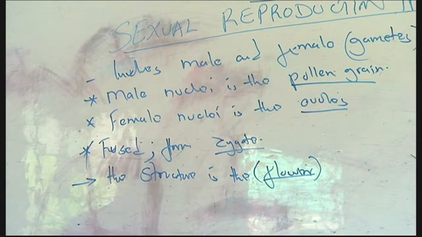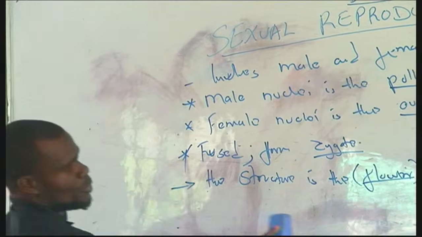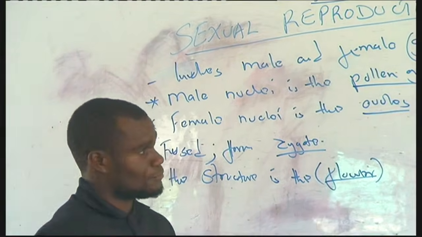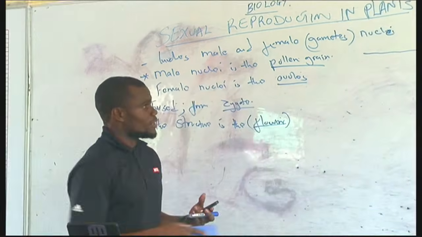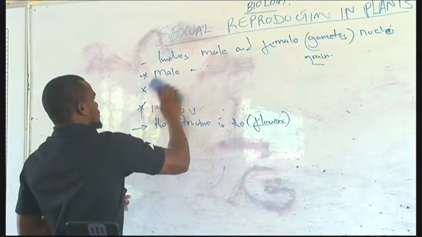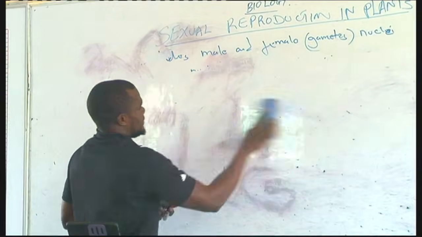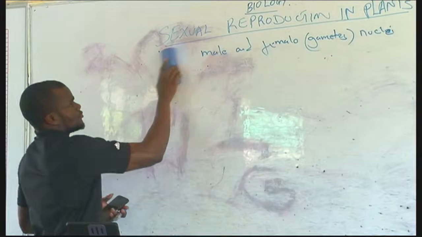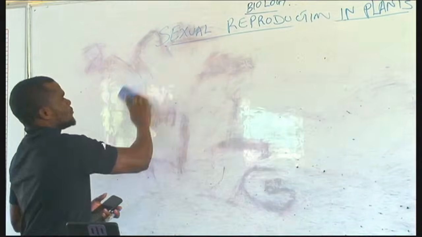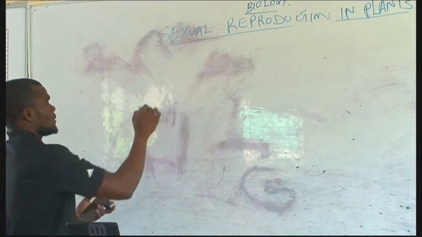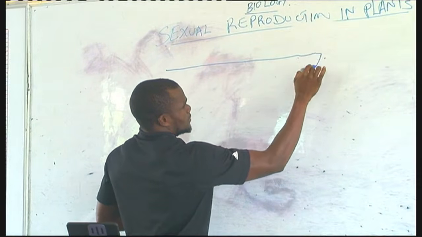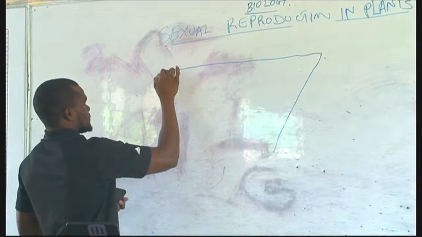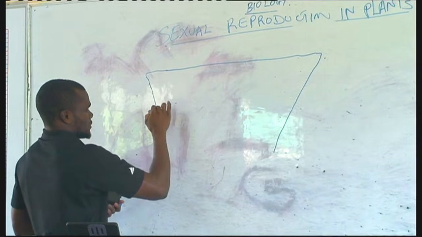Let's proceed to the structure of a flower. Let's see how the structure of a flower looks like. Let me draw it at the middle where you can all see it clearly. Let's see the reproductive structure in higher plant, which is the flower, and how it looks like.